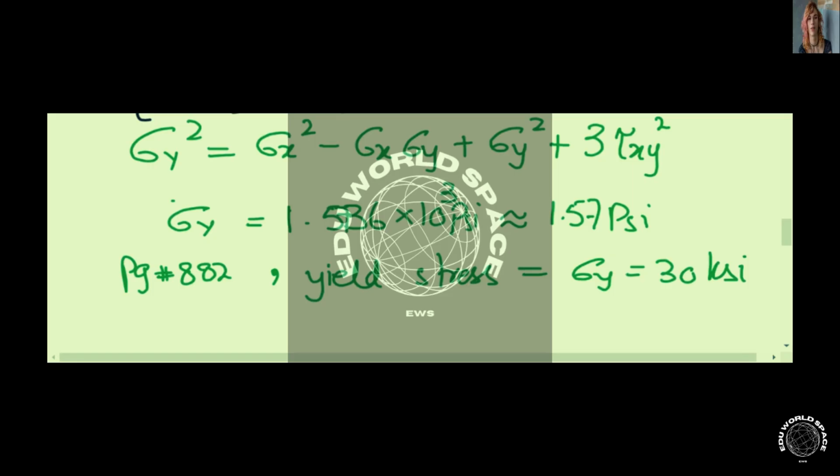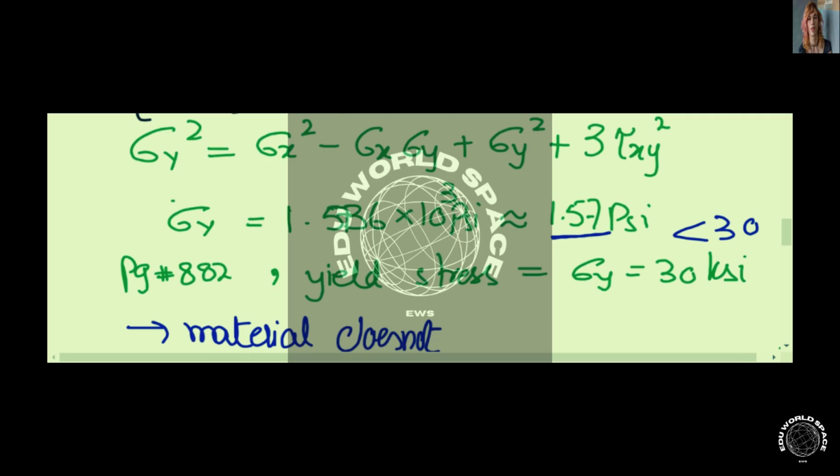So as you can see over here, 1.57 is less than 30. So it means that the material does not yield, or it does not fail according to the maximum distortion theory, and this concludes our answer.